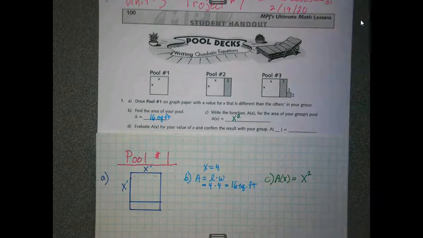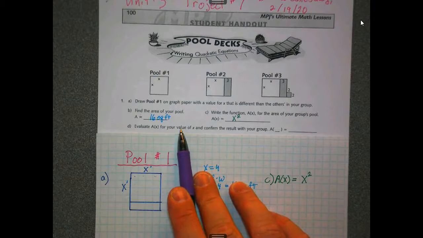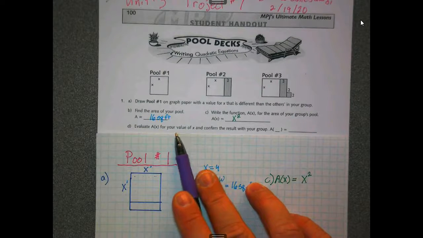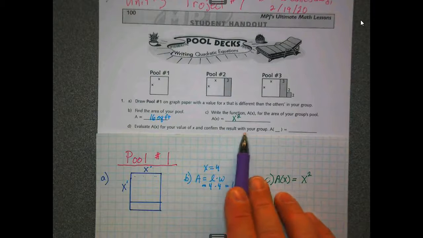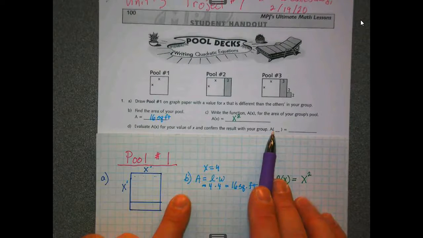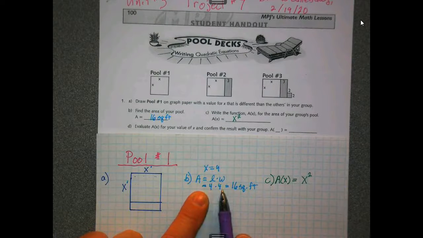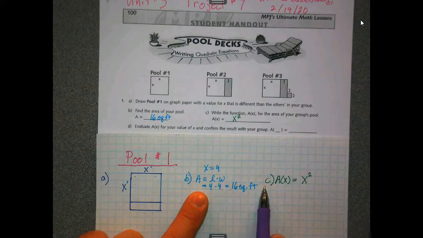Then it says, evaluate A of x for your value of x and confirm the result you got with your group. Now, all it's saying is they want you to put this area, length times width, 4 times 4, in function notation.